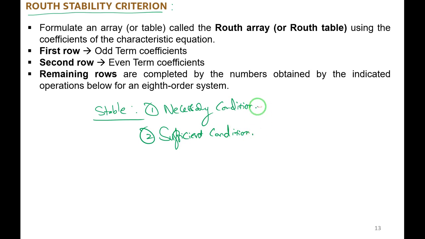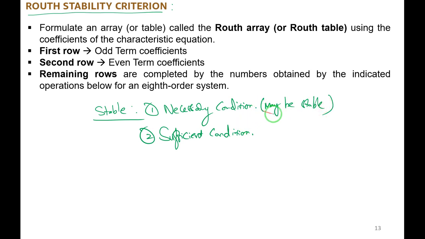What is the necessary condition? It has 2 points. One is all the coefficients should have the same sign, either positive or negative. Another is none of the coefficients should be 0, right? Then only the necessary condition is satisfied. If the necessary condition is satisfied, I will say the system may be stable. I will not say that it is stable. May be stable.